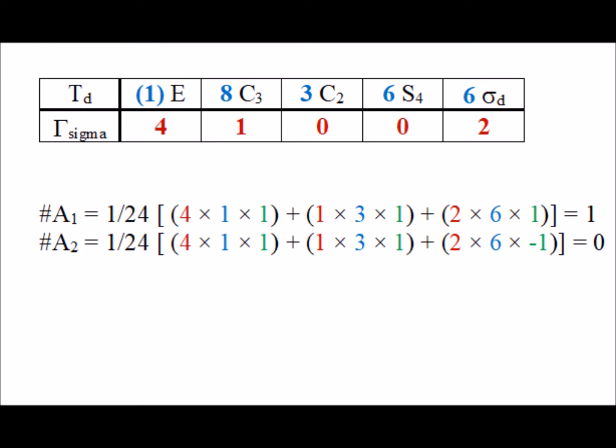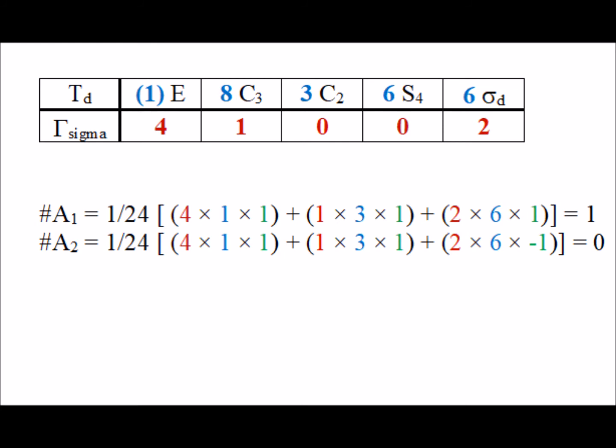Then for the second set, the 1 times 3 times 1, this refers to the characters for C3. And the final case, we see the 2 times 6 times minus 1. That is because the character in the character table under sigma d is a -1 for the irreducible representation A2, whereas it was a positive 1 for the irreducible representation A1.